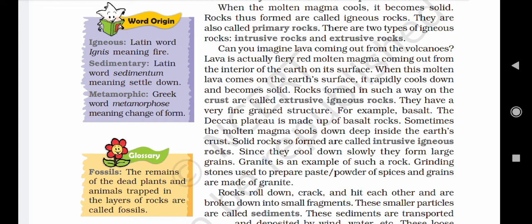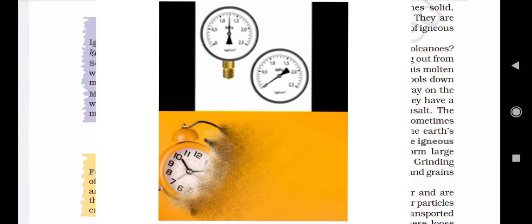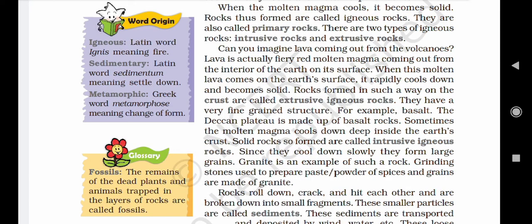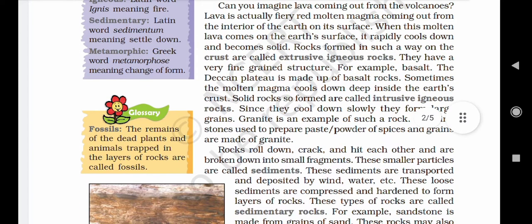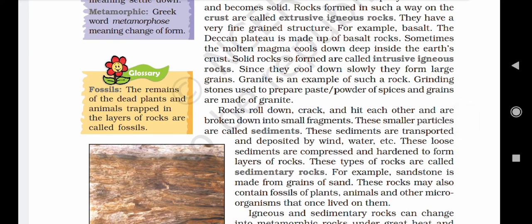The existing rocks go through physical and chemical changes with a great amount of heat and pressure. By existing rocks, I mean the igneous and sedimentary rocks. So in a nutshell, igneous and sedimentary rocks can change into metamorphic rocks under great heat and pressure. For example, clay changes into slate and limestone into marble.